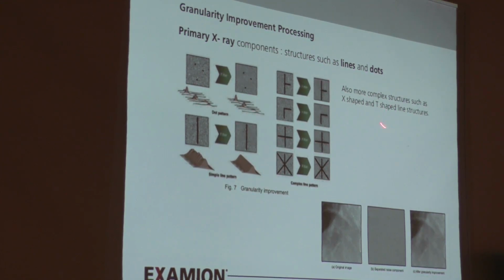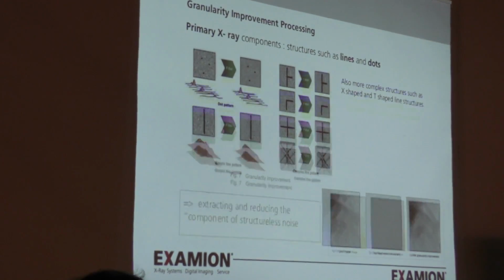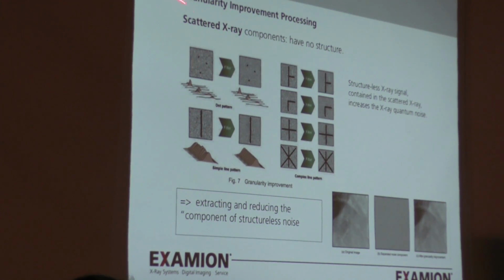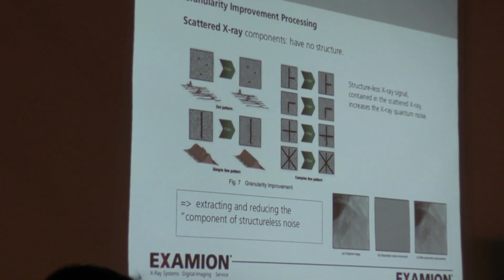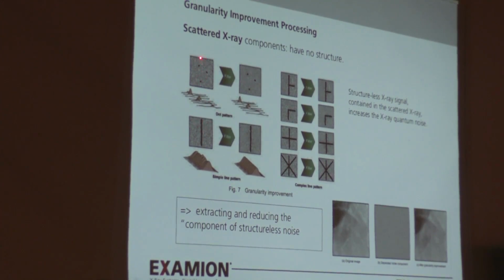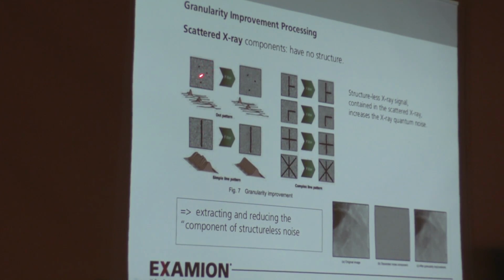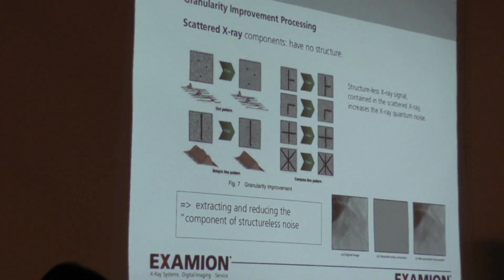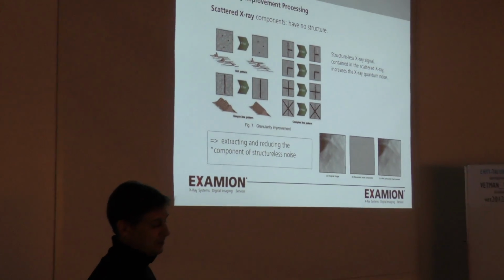Scattering radiation, you see, has no structure. That's what you see here, a little bit pointy, granular. That's what the noise is, and that's what scatter radiation is. So we are able to take that away with algorithms.